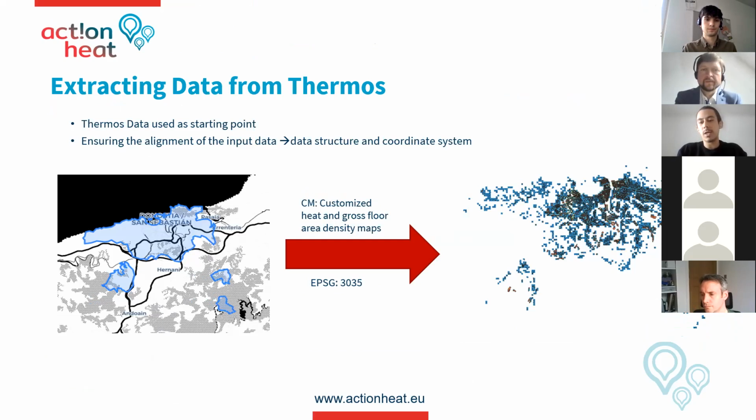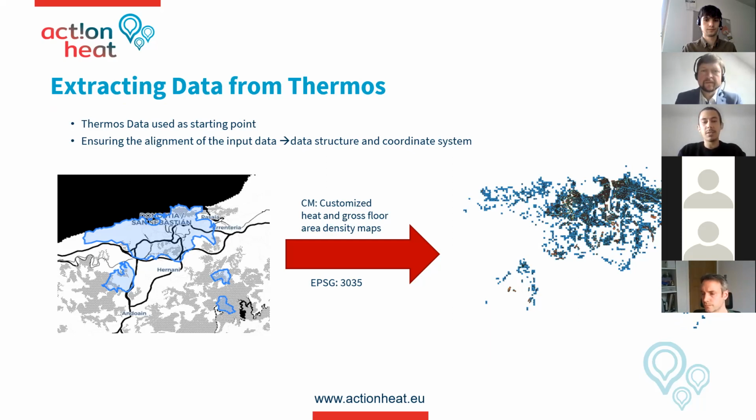And to start with, as mentioned already, a crucial aspect is the data alignment, and the most important one of those would be the alignment of the heat demand densities itself. For this integrated approach, we decided not to use the Hotmaps data, considering that it is available only on a granularity level of 100 by 100 meter cells, and Thermos itself provides much more granular, building stock level data.